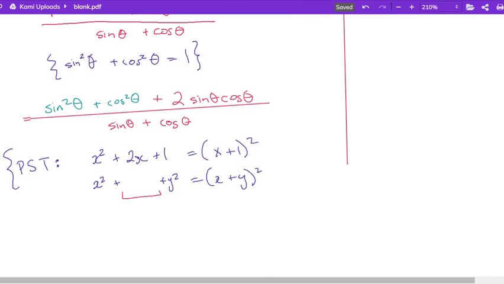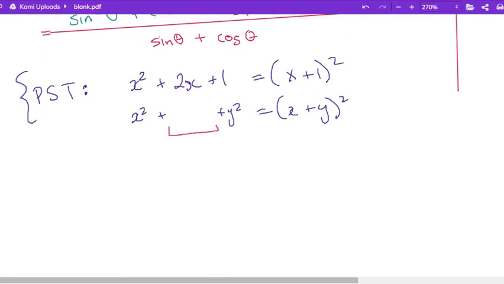When we're working with perfect square trinomials, if you are squaring a binomial, SAB, remember SAB? Square a binomial. You square the first term, you square the last term. Then, to get the middle term, you multiply the two terms and double them. So this times this doubled will give you 2xy.